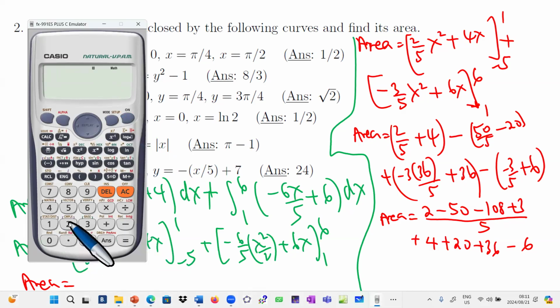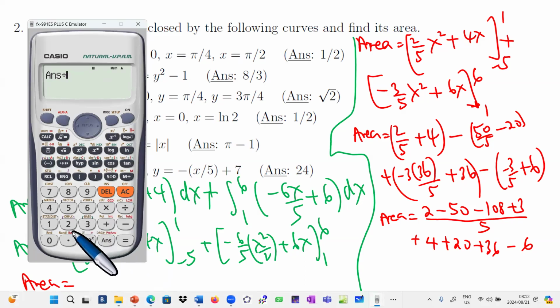So in the top, it's going to be 2 minus 50 minus 108 plus 3, which is minus 153.